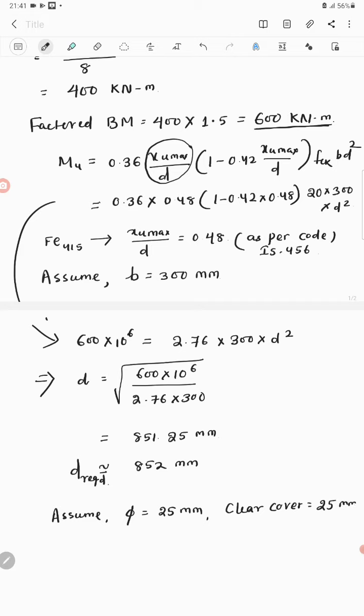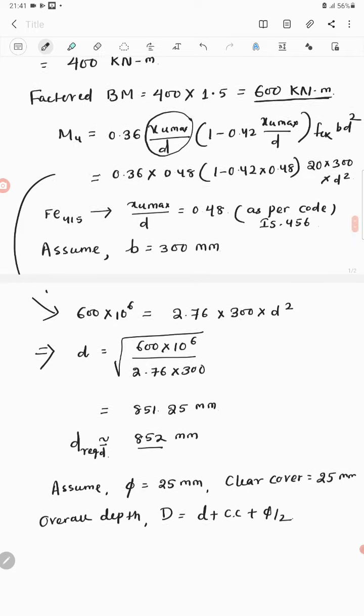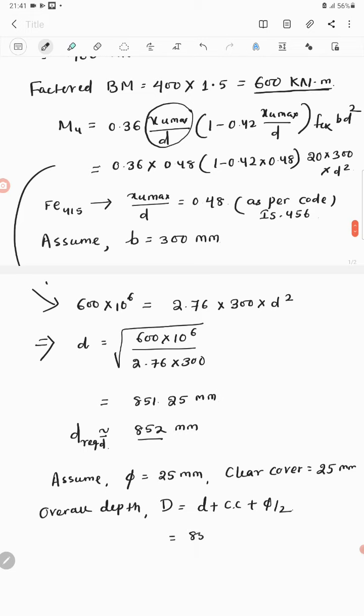Okay. So if you take 852 mm, then what will be the overall depth? It will be d plus clear cover plus phi by 2. Okay, that is equal to 852 plus 25 plus 25 by 2. So this is 889.5 mm, or you can take round figure 900 mm.